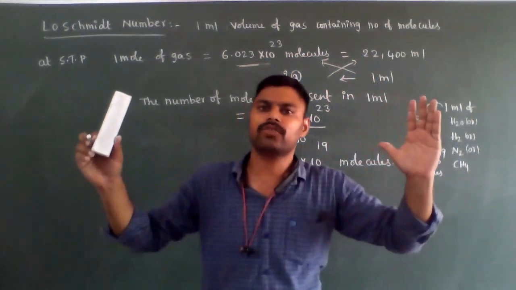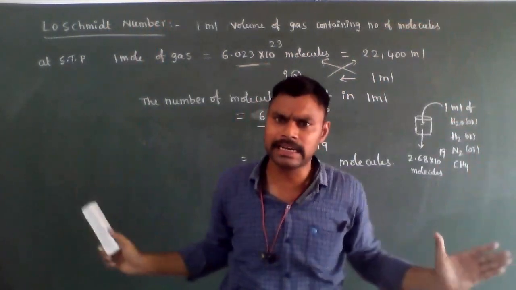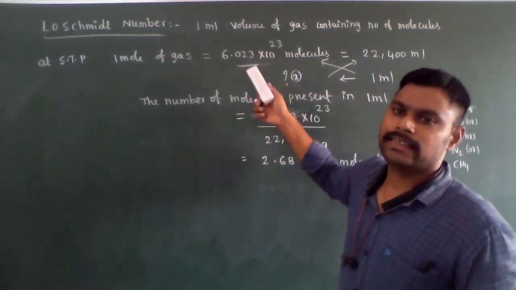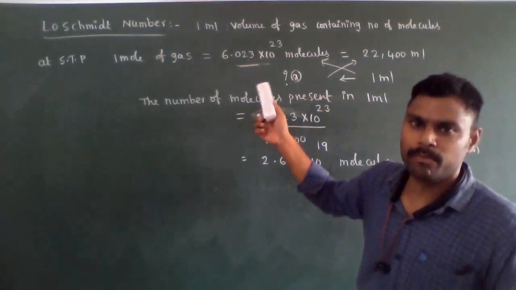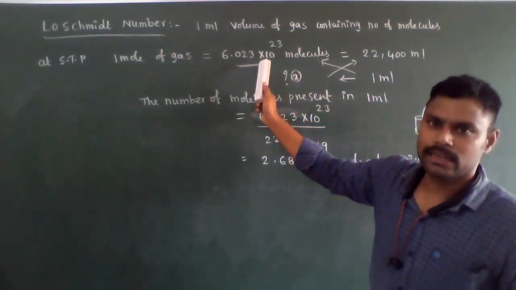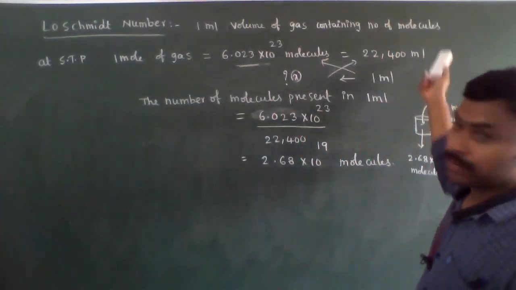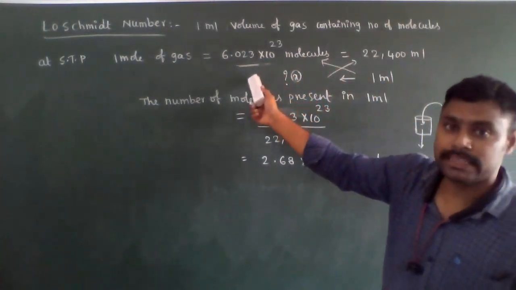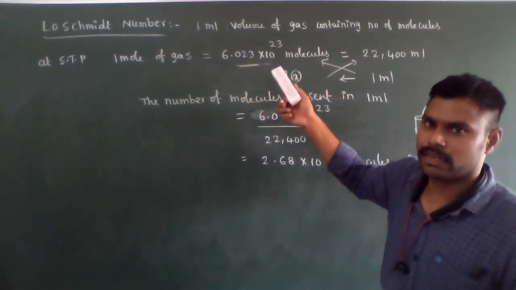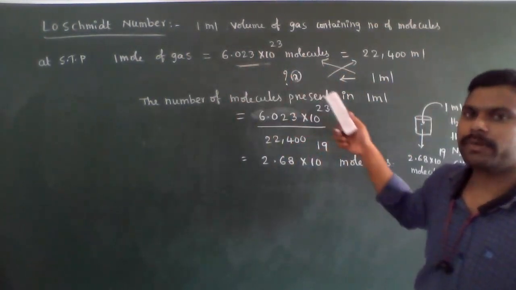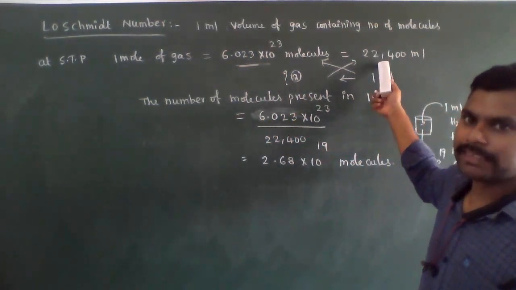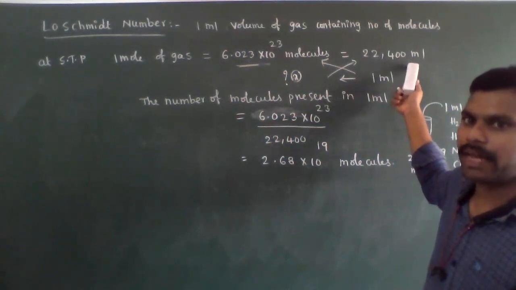Imagine one big beaker of 22,400 ml; in that beaker, any gaseous molecules or compound you take contain 6.023 into 10 to the power of 23 molecules, occupied volume at STP being always 22,400 ml.